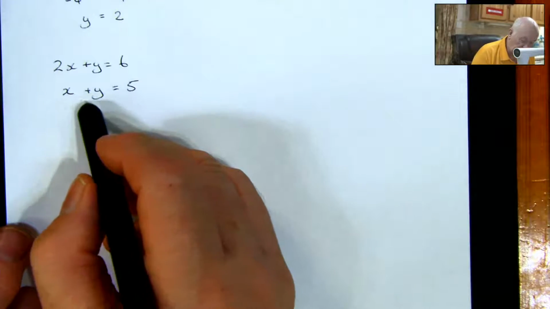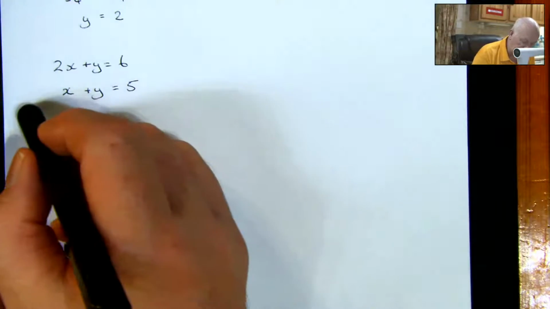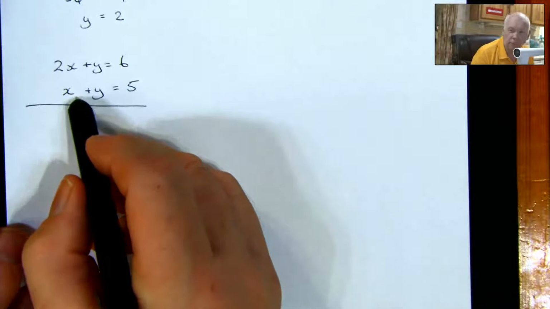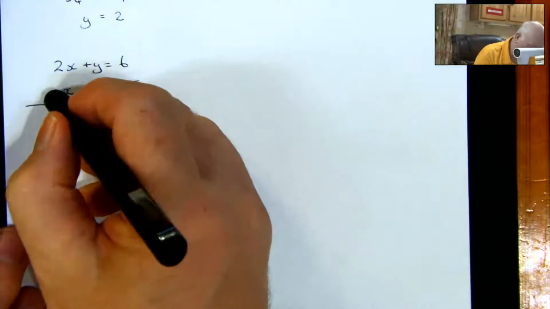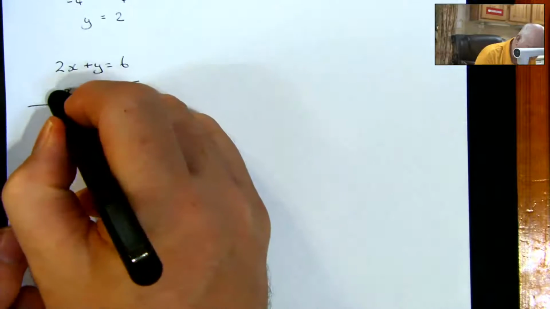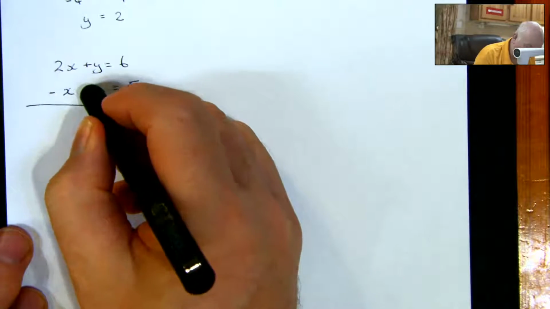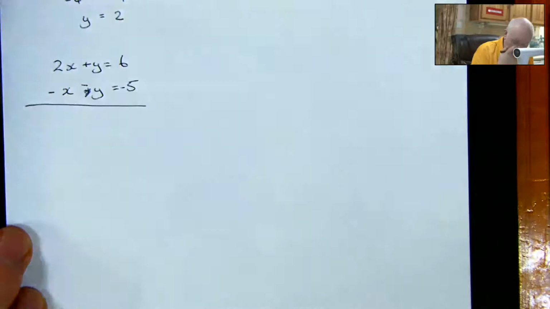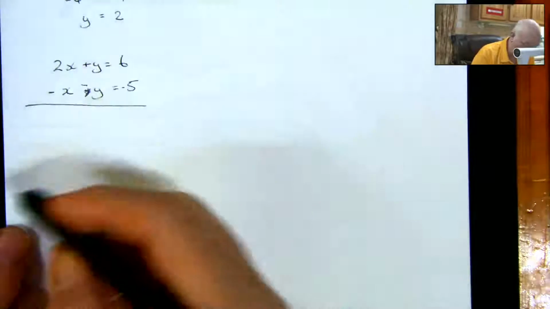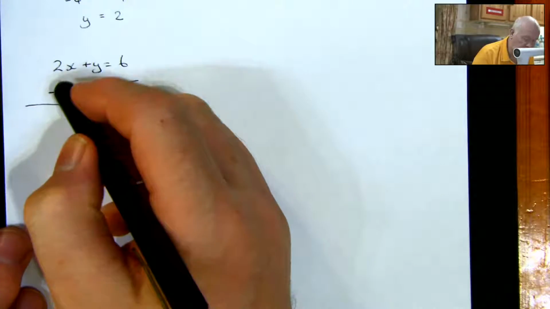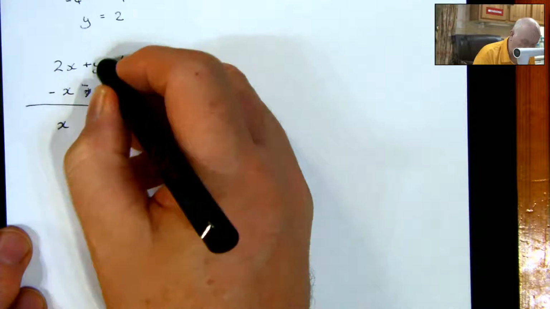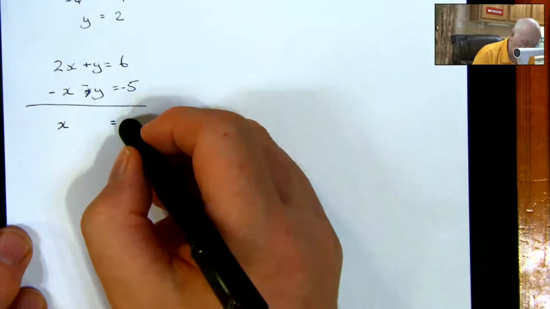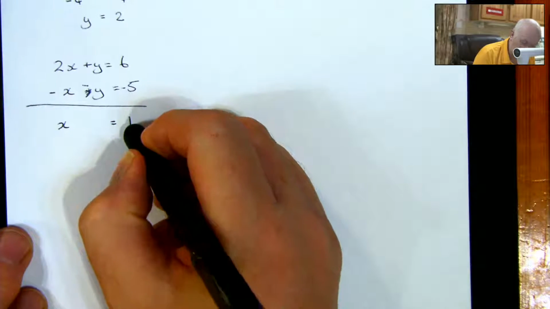Looking at this one, it's going to be easier to make the bottom one negative because it's got the smaller numbers. So let's see what we can do. We'll change all the signs. We'll make this one minus. We'll make this one minus and that one minus. And now let's add them up. 2x take away an x will give me x. The y's eliminate. 6 minus 5 gives me 1.